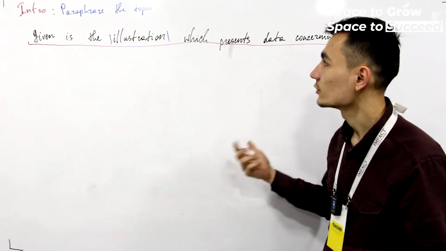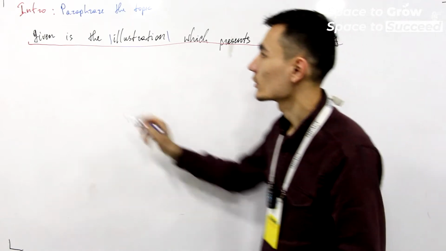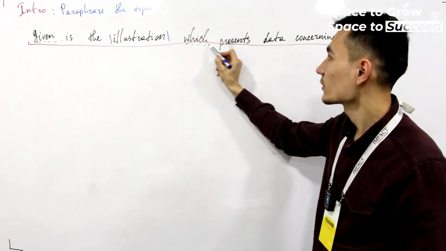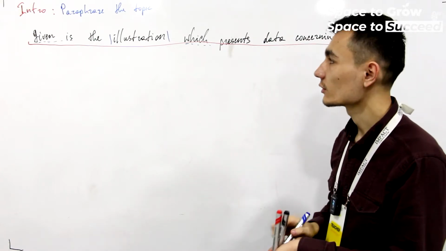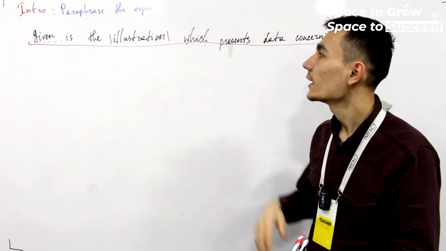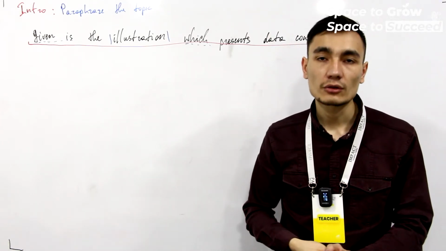Given is illustration which presents data concerning, and as you see here, we are using inversion and passive voice, and here we are using relative clause, and we're using good vocabulary to improve our lexical resource score. And after this, you just continue. And there they said how tomato ketchup is made.